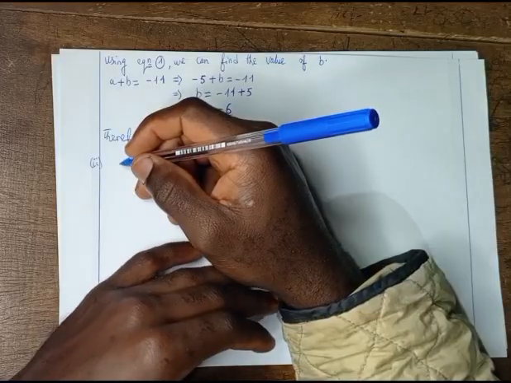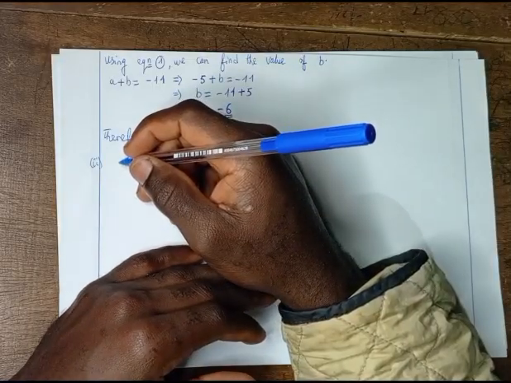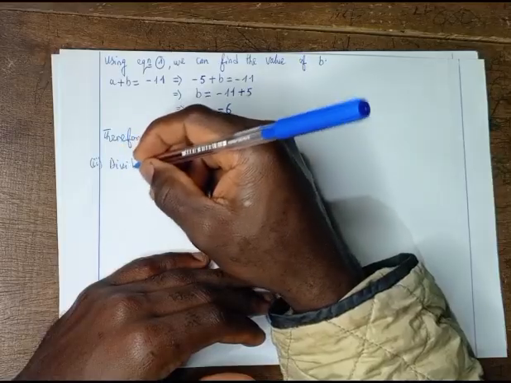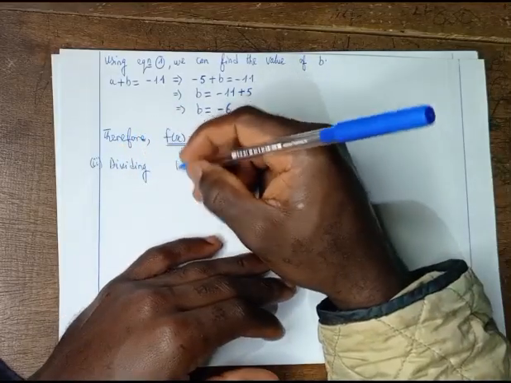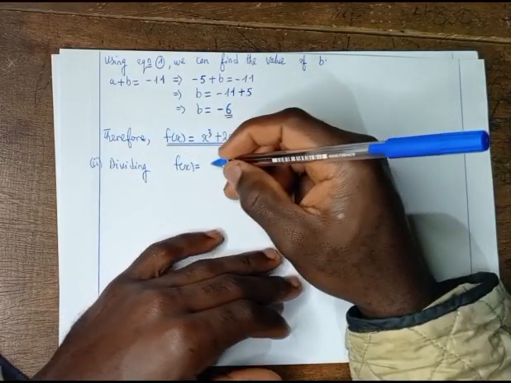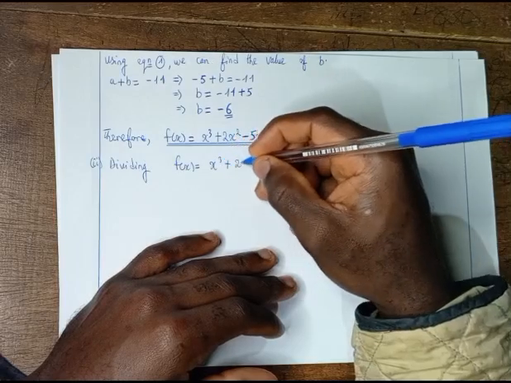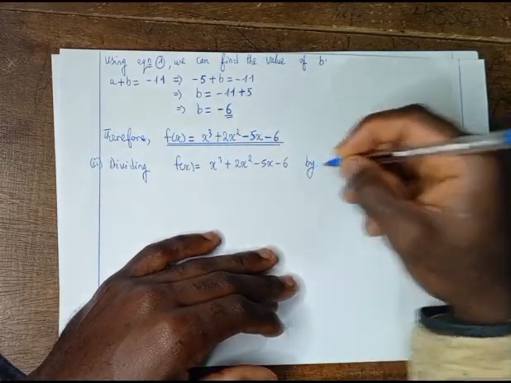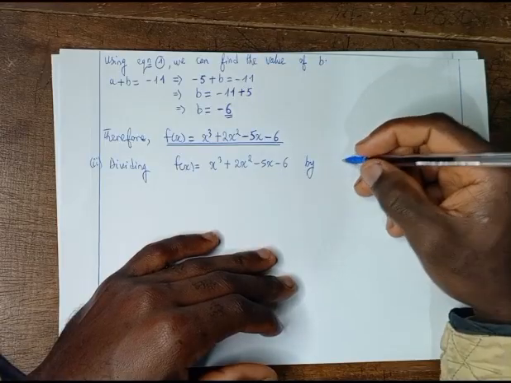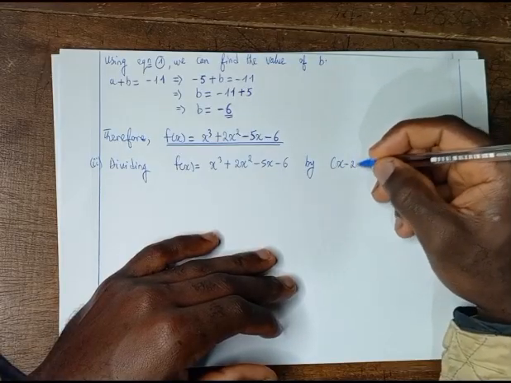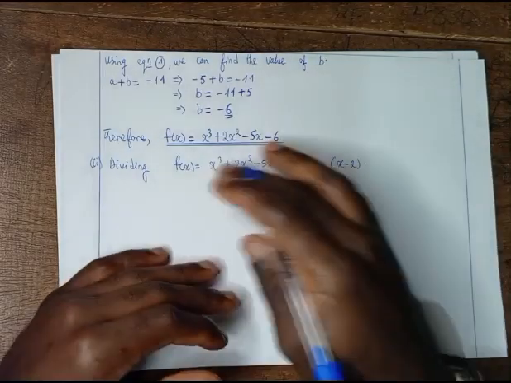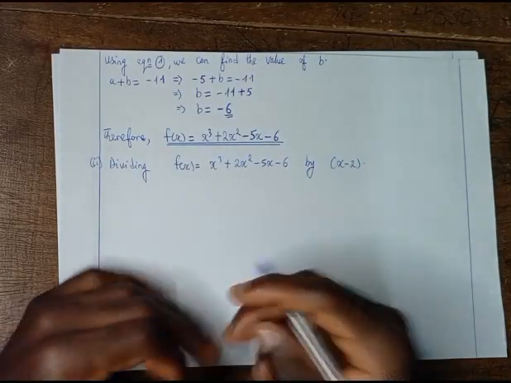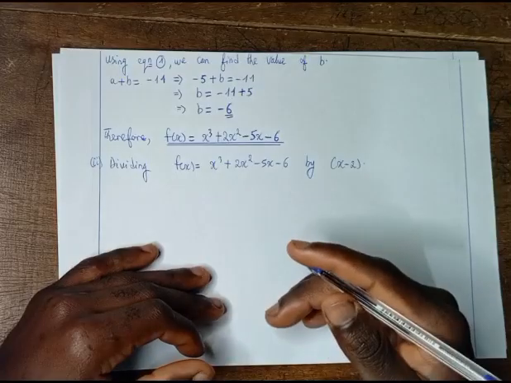In this case, we have been told in the question that x minus 2 is a factor of that polynomial. So we are going to divide f of x, equal to x cubed plus 2x squared minus 5x minus 6, by one of its factors, which is x minus 2. When we perform this division, our remainder must be 0, since x minus 2 is a factor of f of x.